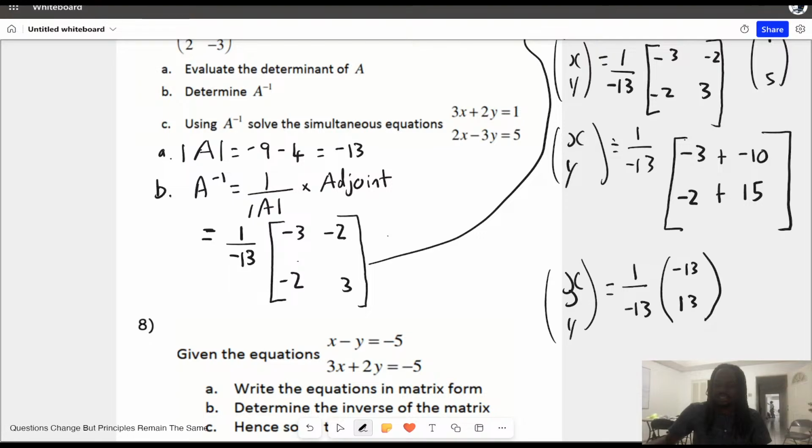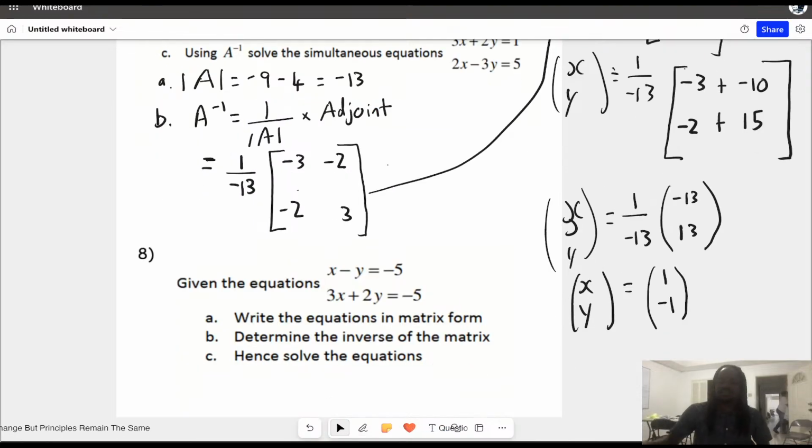Simply divide each number by whatever the denominator is. Negative 13 divided by negative 13 gives me 1. 13 divided by negative 13 gives me negative 1. So that means X is 1, Y is negative 1. Let me check that.